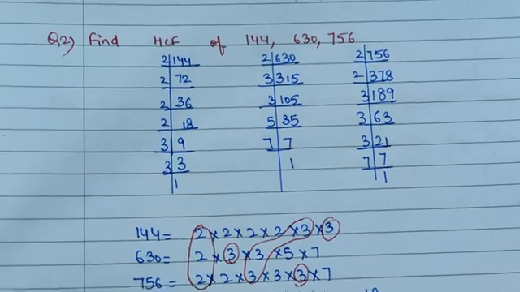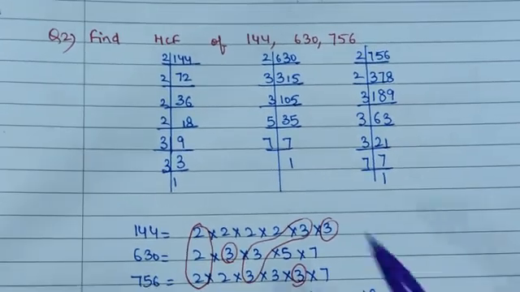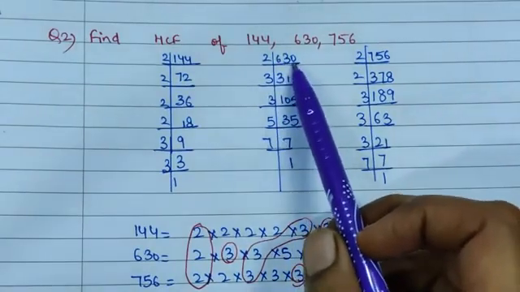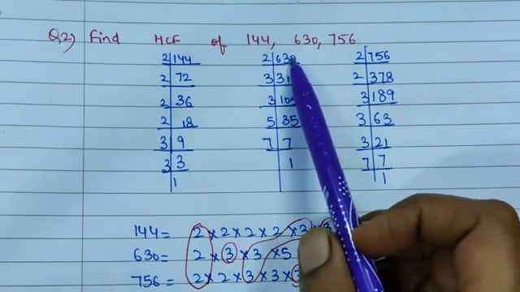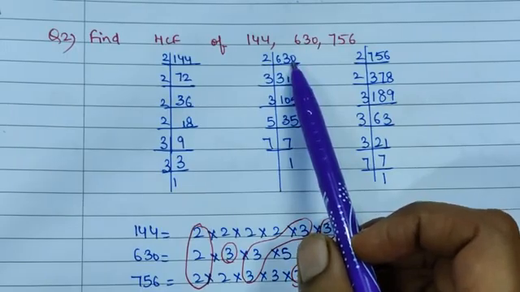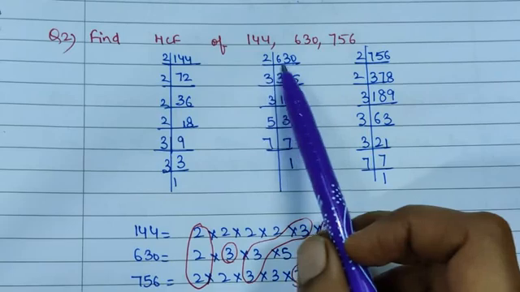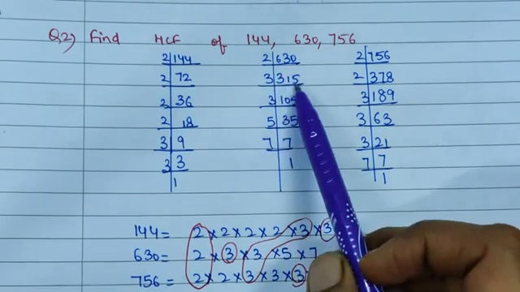Now, let us find the prime factorization of 630. Now since the last digit is 0, it means it is divisible by 2. So we have divided it with 2, we get 315.